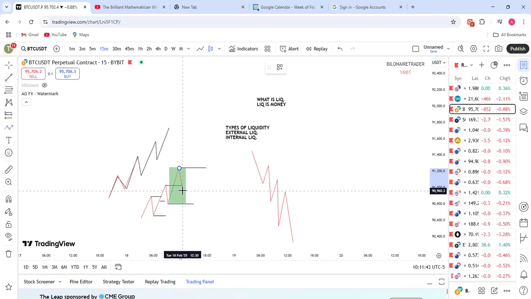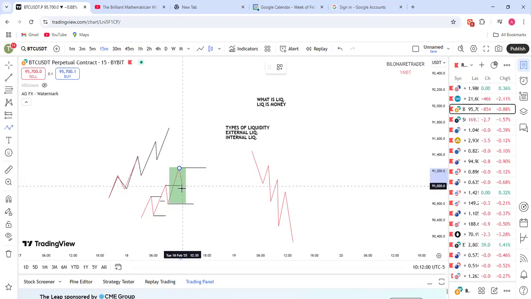And that internal liquidity will always be resting inside of the new range. So between this point and this point, inside of that range, is a liquidity called the internal liquidity.